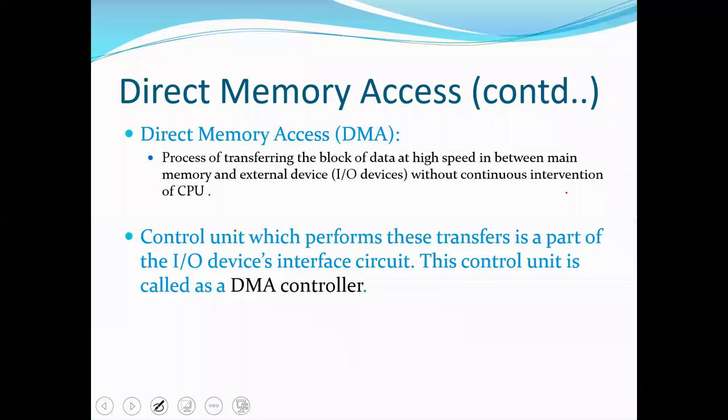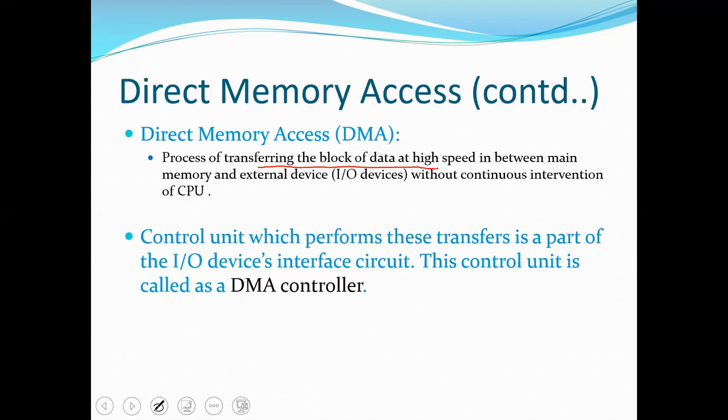Now we'll see the definition. As per the definition, direct memory access is a process of transferring a block of data at high speed between the main memory and the external devices, or peripheral devices, or IO devices, without continuous intervention of the CPU.